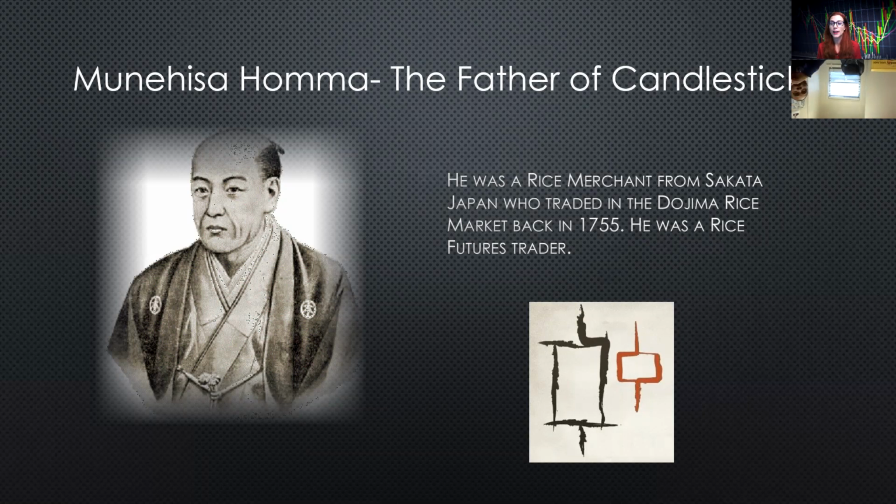He was a rice merchant from Japan who traded the Dojima rice market back in the mid 1700s, and he was a rice futures trader. Originally, the candlesticks were drawn by hand, painted on pieces of paper. Obviously, they didn't have computers back then, and they were charting out the price action.